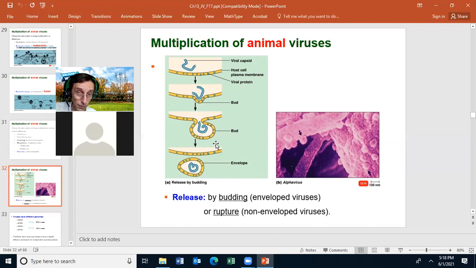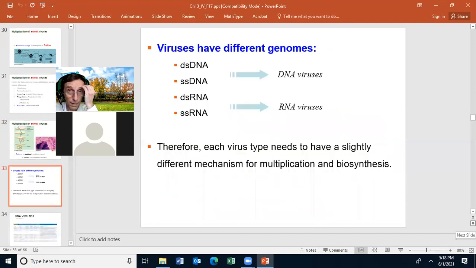This cell usually will not die from the budding virus. Any question about any of that? All right, if no questions, let's move on.